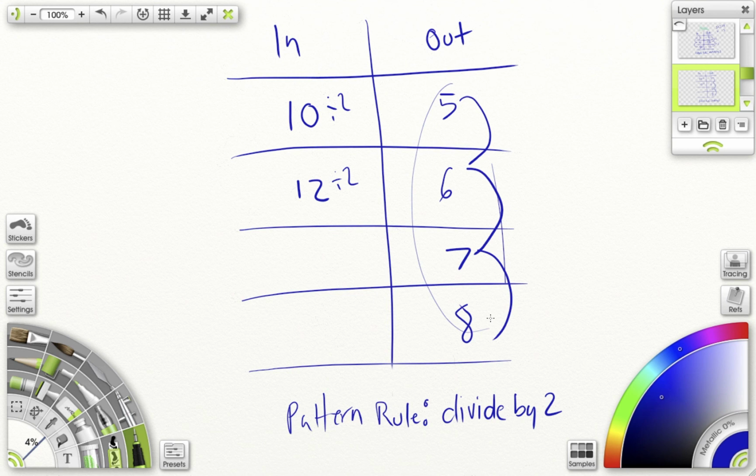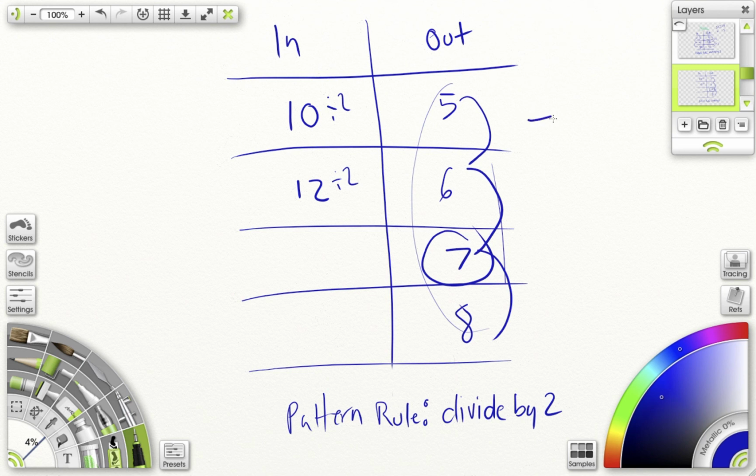Now, I have to find my input numbers here. Well, in order to do that, I have to take my output number and do the opposite operation. If my operation was to divide by 2 for my input number, I have to do the opposite, which in this case is multiplying it by 2.